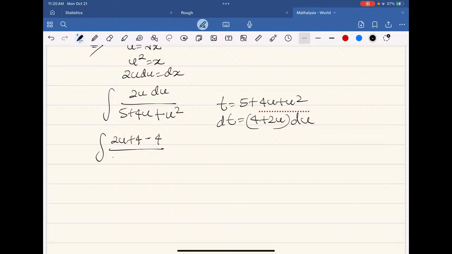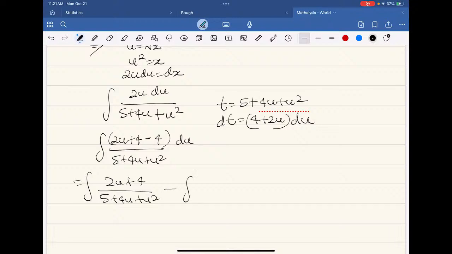Okay? So over 5 plus 4u plus u^2 du. Now this is integral of (2u plus 4) by (5 plus 4u plus u^2) minus integral of 4 by (u^2 plus 4u plus 5) du.